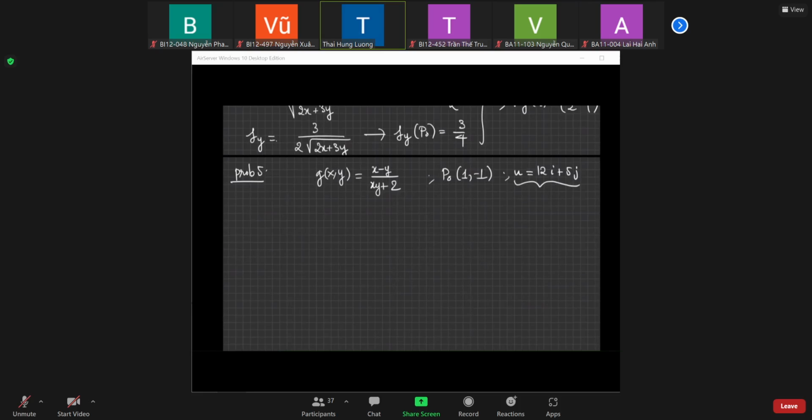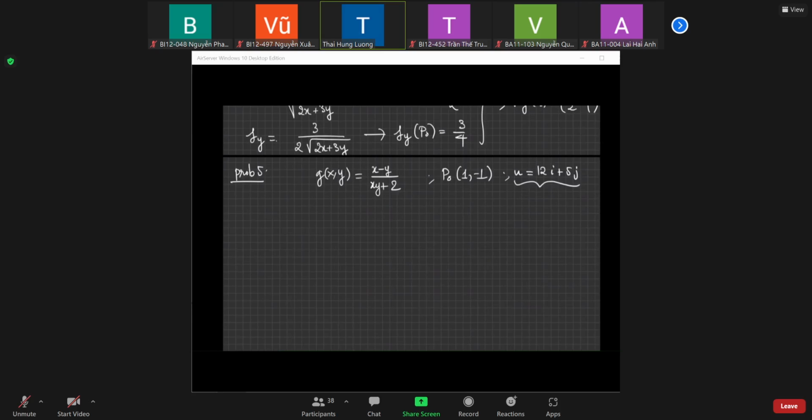So I will help you to do this one, to remind you what a directional derivative is. When you talk about the direction, keep in mind that the direction should be a unit vector, a vector with module 1.